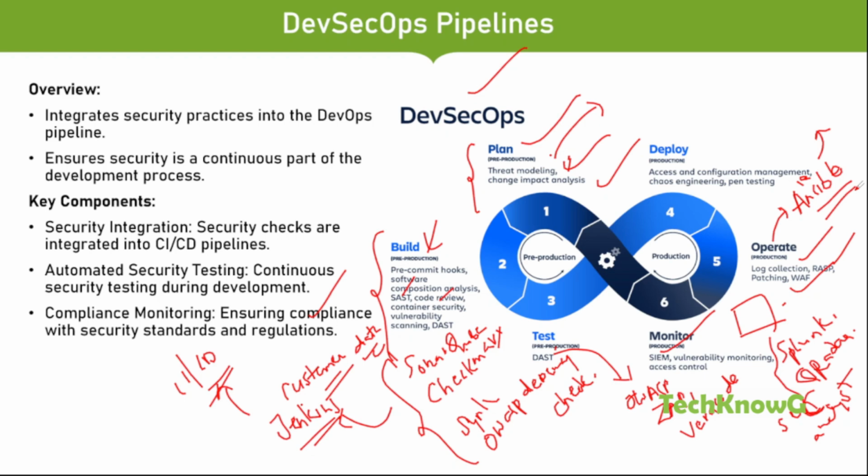By using an automation tool like Ansible, which automatically reflects the changes on all the servers. Then WAF, the web application firewall. This is how we are building layers of security in the entire DevOps pipeline. Okay, understood? This is the production phase, and this is the pre-prod phase.